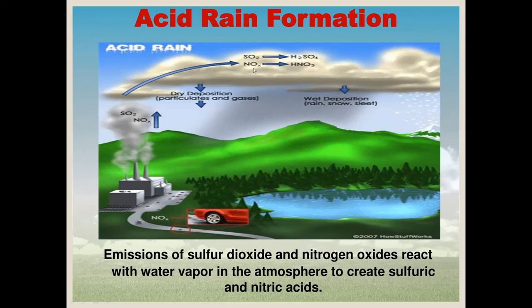In the same way, oxides of nitrogen also mix with rainwater, H2O, and form HNO3. We all know that sulfuric acid and nitric acid are strong inorganic acids. When there is precipitation or rainfall, these acids fall along with the rain, and such a rain is called acid rain.